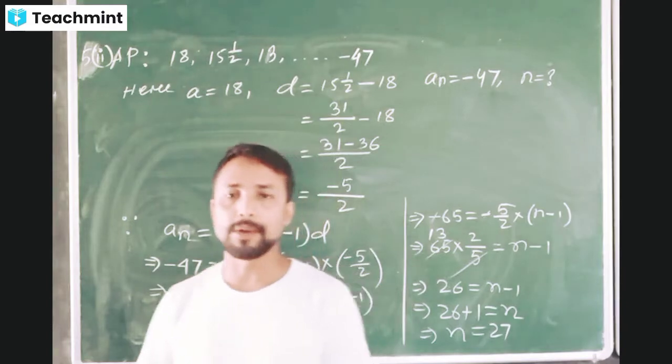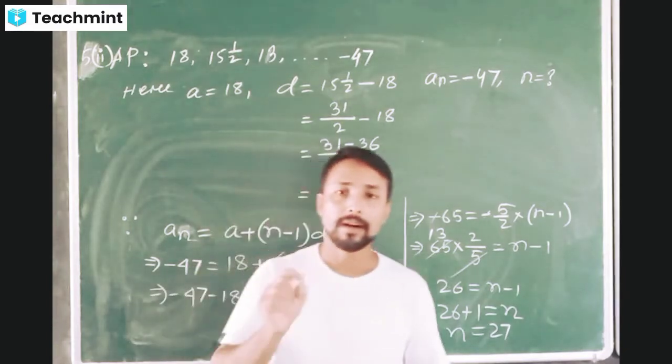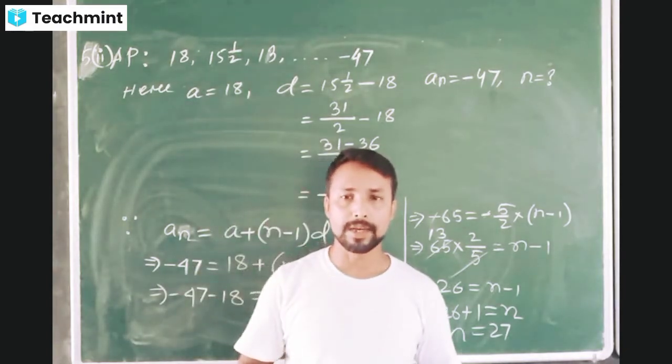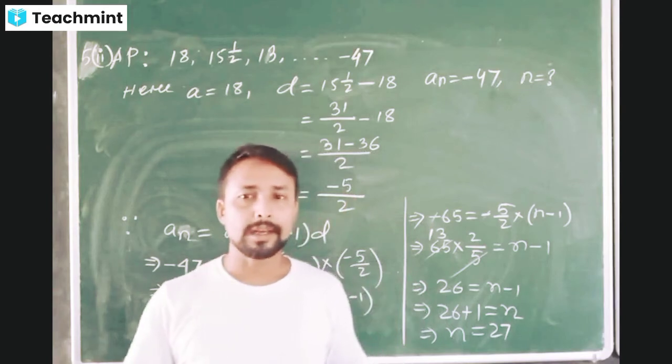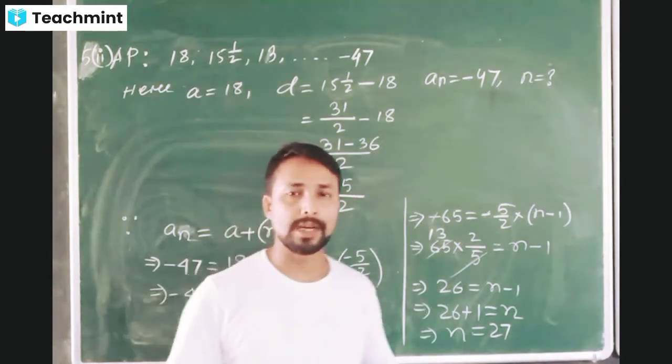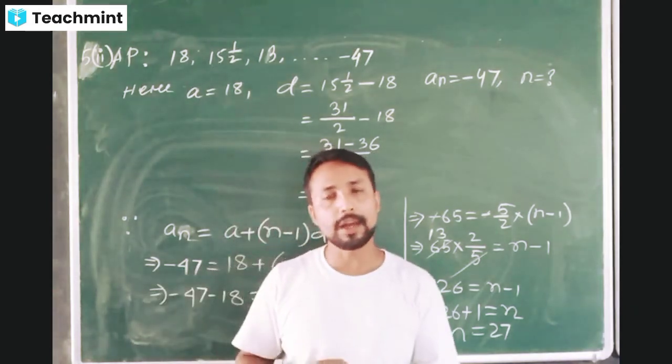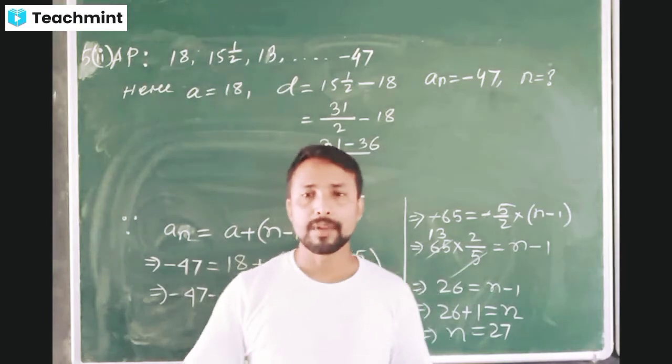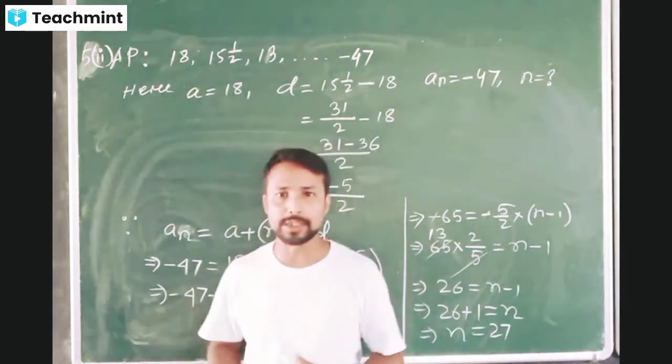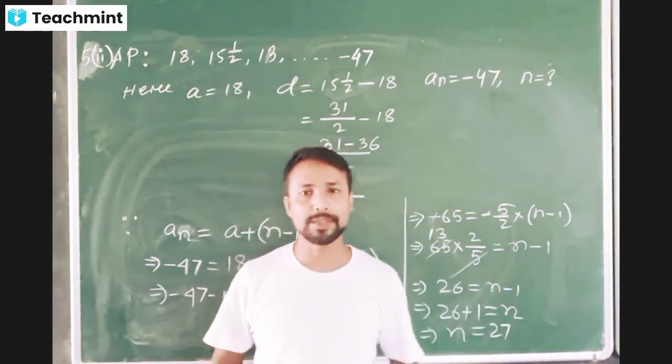Otherwise, we cannot accept it. Why? n should be a natural number, because n means the position of the term, which cannot be negative. Like I got the first position, you got negative first position. We cannot accept that.